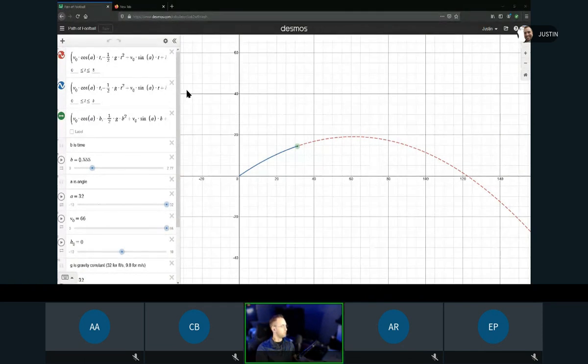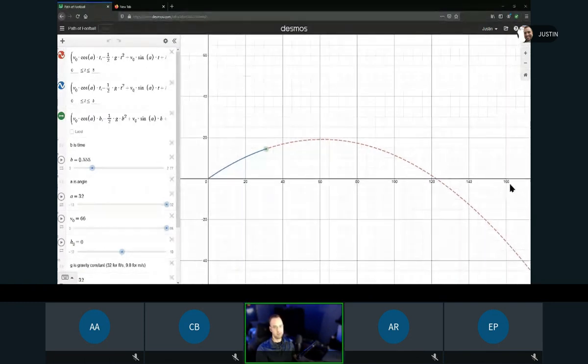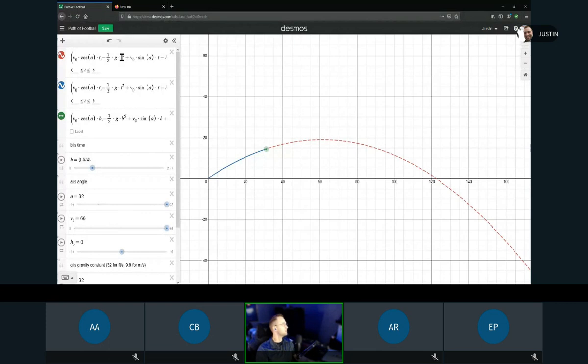Right, everyone should see my Desmos. 150 feet is just over here. And you can see from this, my equations that I typed in to model this scenario, it's all here.